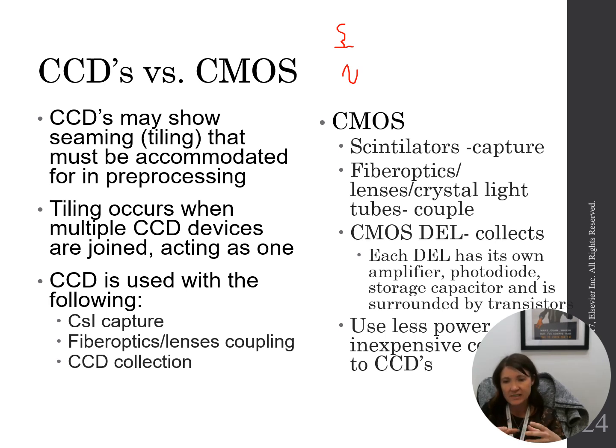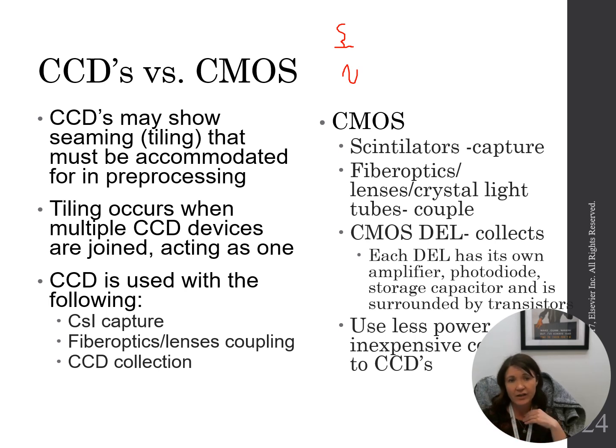And when that happens, it almost is going to act like a larger pixel and possibly affect some of your spatial resolution. The other thing is that when they start putting groups of charge coupling devices together, they can have something called a seaming or tiling effect, where they act as a big tile, and they can leave some areas of your image that don't necessarily have data and therefore must be accommodated for by the use of interpolation during your pre-processing.